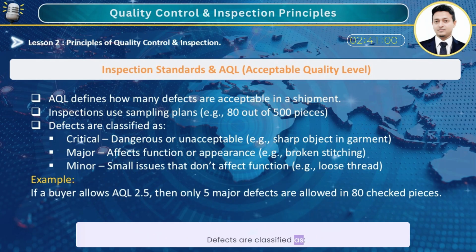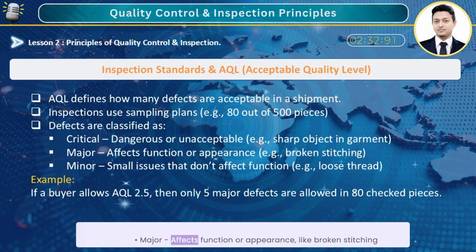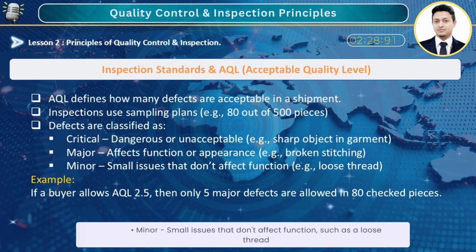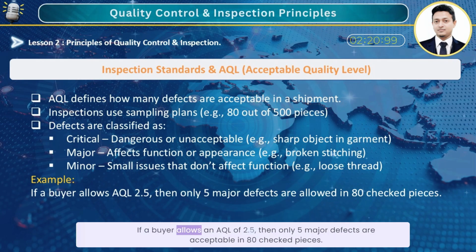Defects are classified as critical, dangerous or unacceptable, such as a sharp object in a garment. Major, affects function or appearance, like broken stitching. Minor, small issues that don't affect function, such as a loose thread. Example: if a buyer allows an AQL of 2.5, then only 5 major defects are acceptable in 80 checked pieces.